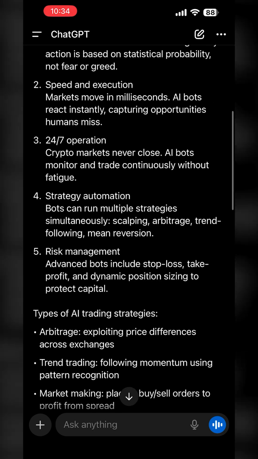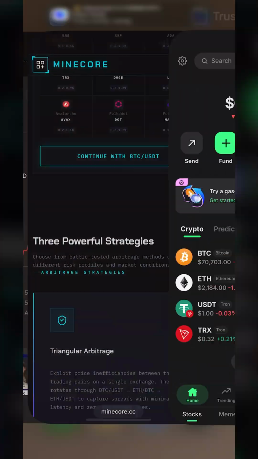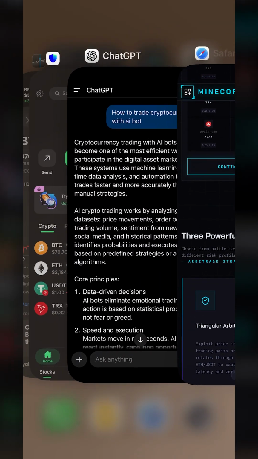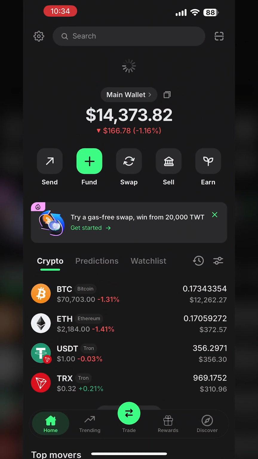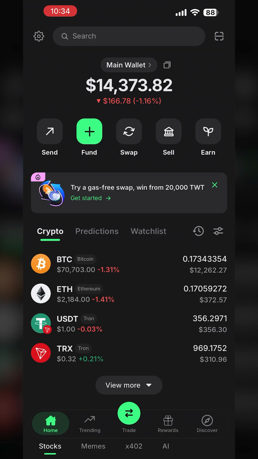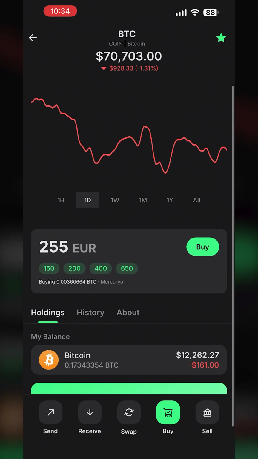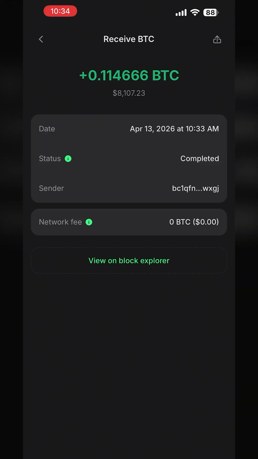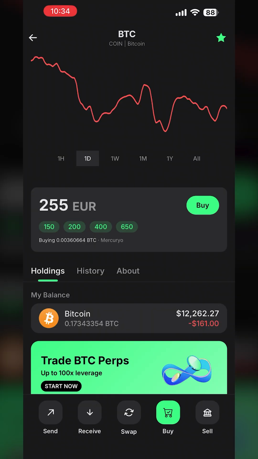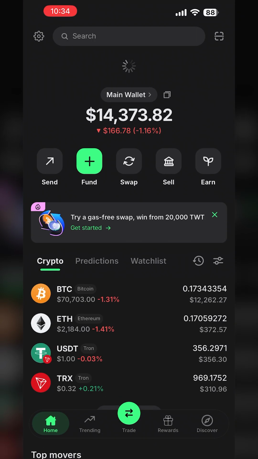And the reason this requires AI specifically is purely a speed problem. These windows exist for fractions of a second. No human process is fast enough to catch them consistently. The technology closes that gap. That's the whole mechanism. Okay, so I've been stress testing platforms in this space for years, methodically, with a proper process.